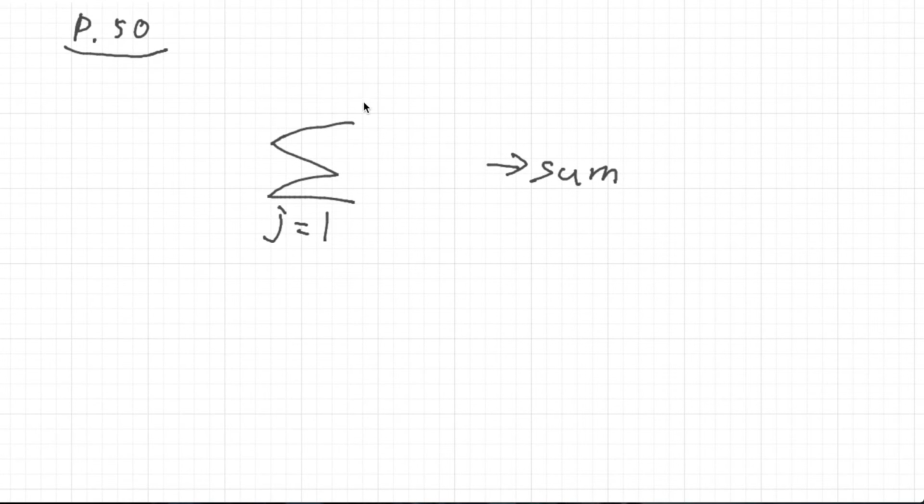What all that is saying is that this is defining the first term of the sequence of numbers that you're going to be adding up. So this is kind of like an iterator for the sequence. It's like where you're starting off. And then at the top, we're often just going to have an n. That n stands for the last term, the last j of your sequence.